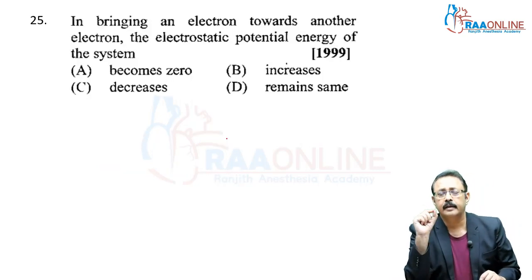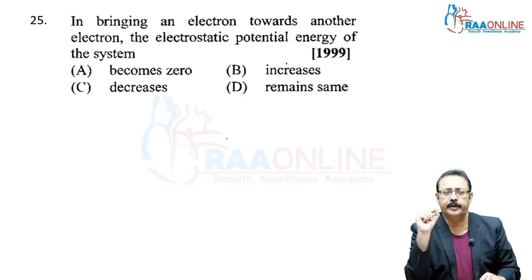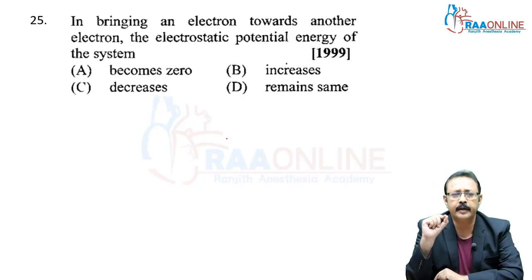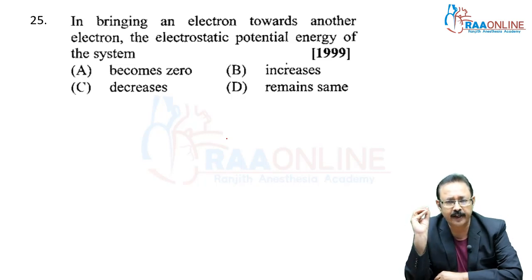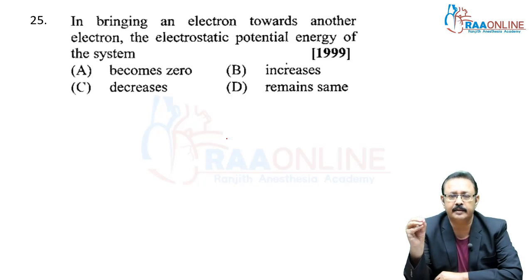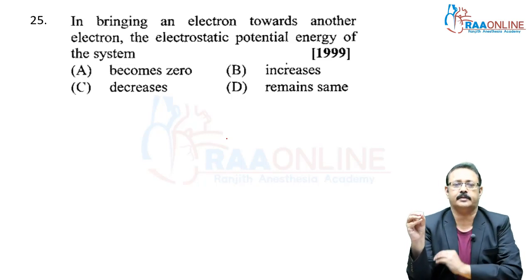Next, it is from 1999 AIPMT. In bringing an electron towards another electron, what will happen to electrostatic potential energy? Concept is very, very simple. You can apply this in each chapter, electricity, heat, magnet, any system.